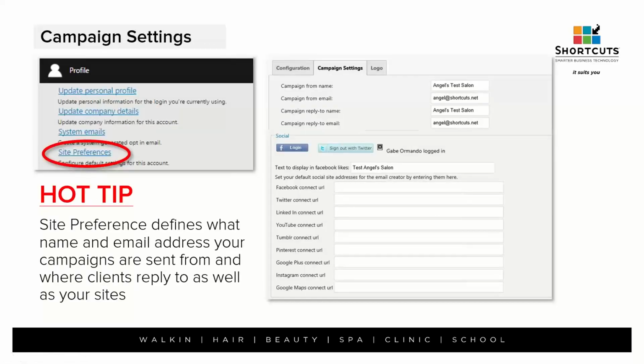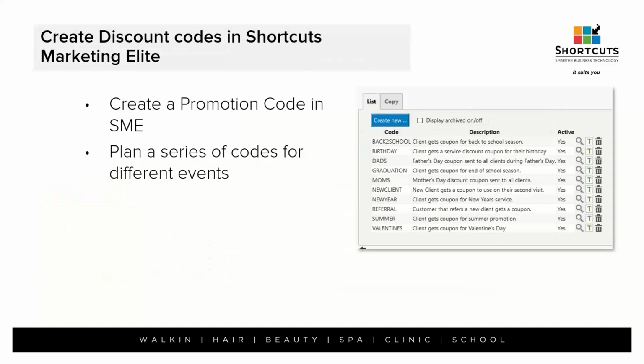And then when you go to site preferences, this is under profile. This is where you fill in your social media links. And when a customer receives an email, it says, what's the name of the salon it's arriving from? So you'll set your company details and you'll set your site preferences.